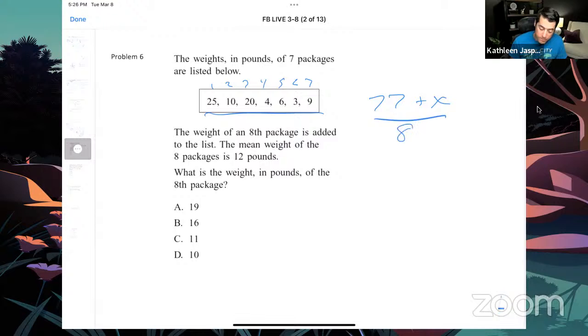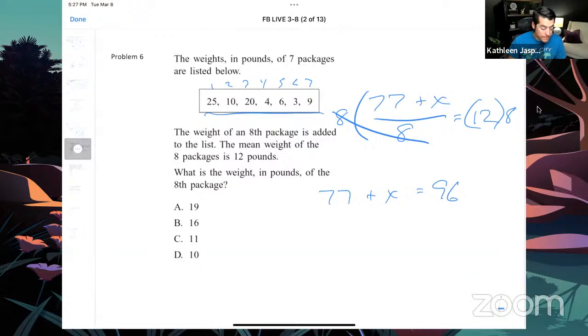When I divide all of them by 8, I get 12. So that's one way to set up this problem here as an equation. So now all I've got to do is get rid of this 8. So multiply by 8, multiply by 8, and we end up canceling that out. 77 plus X is equal to 96.